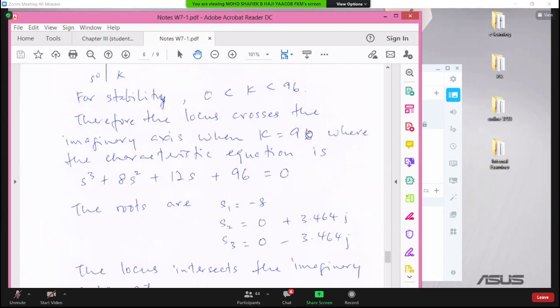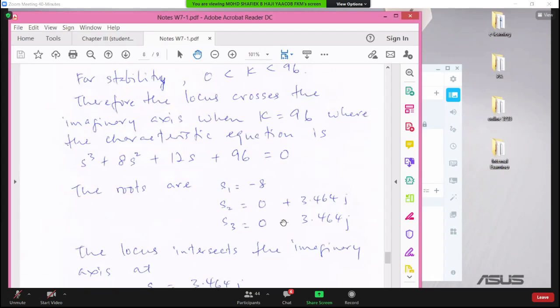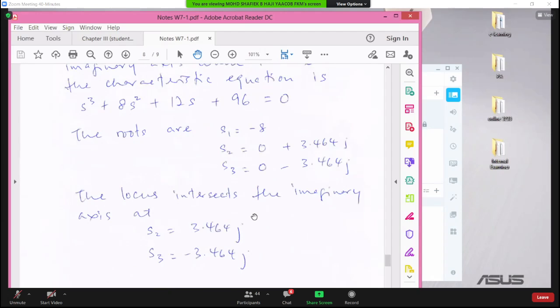When k is equal to 96, these are the roots: one at -8, the real root on the real axis, and 2 complex roots. So we know that the intersection with the imaginary axis happens at 3.464j, one of them, and another one at -3.464j. So the locus intersects at that point.